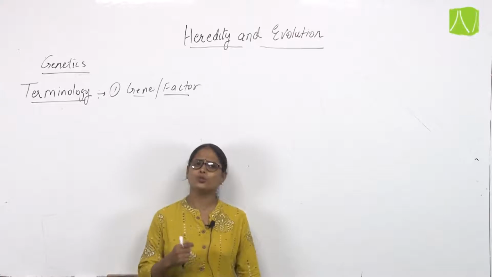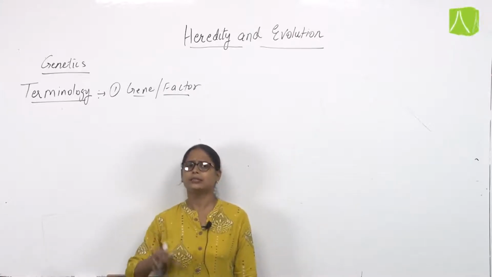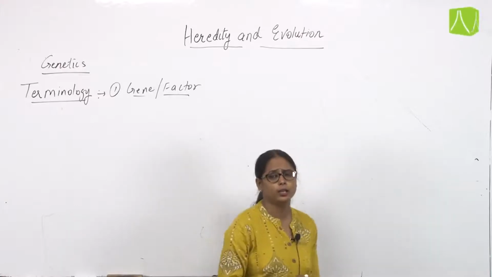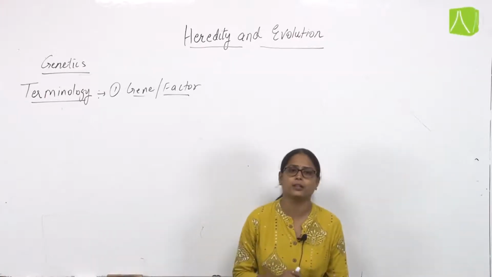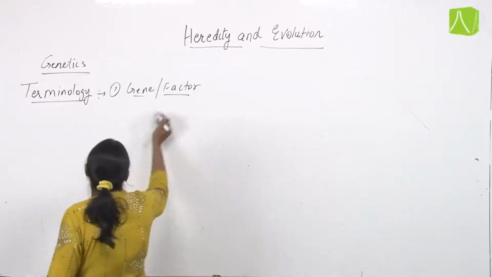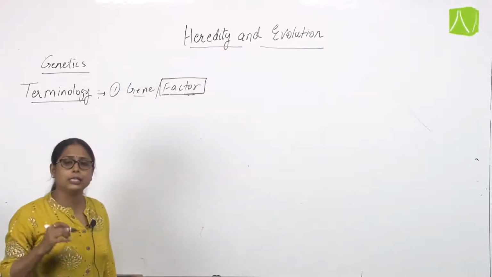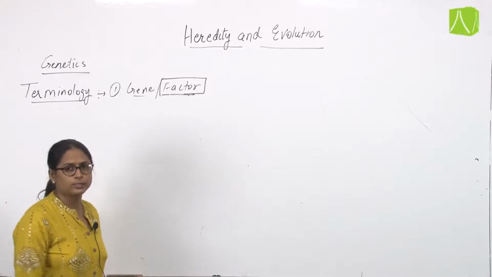So he used different terms. He considered there is something, a factor, present inside the cell in which the information of a character is located, and he used the term factor, not gene. The term gene was later used by another scientist.